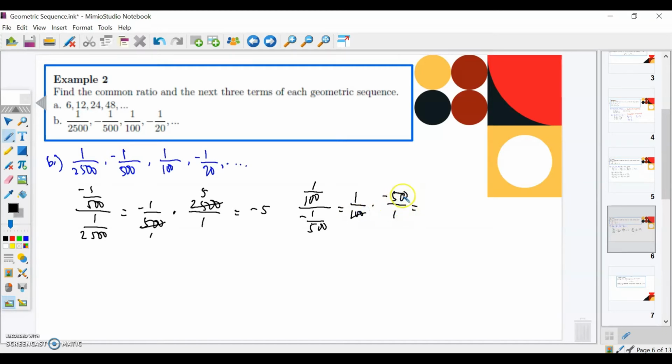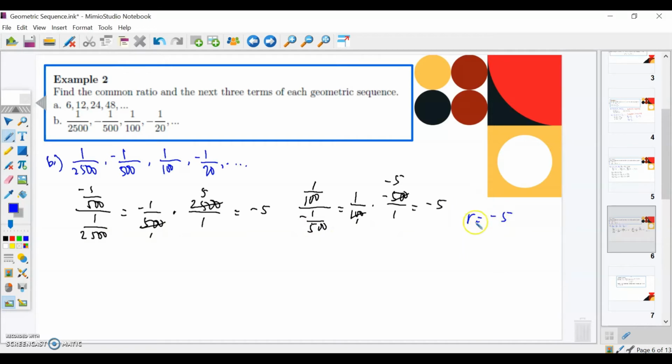Simplifying this, we can cancel 100 and negative 500. This will give us negative 5. 1 times negative 5 is equal to negative 5. So 1 times 1 is 1, and this is equal to negative 5. Since the ratio of these two terms is negative 5, which is the same as the ratio of our two previous consecutive terms, therefore, our common ratio is equal to negative 5.